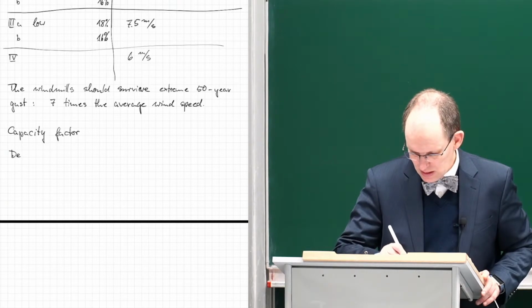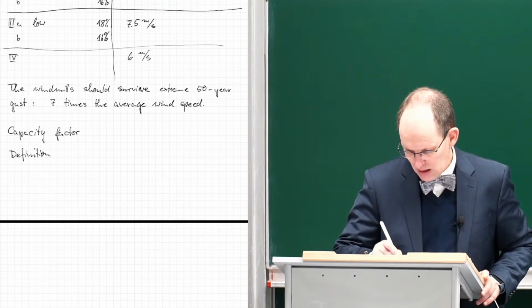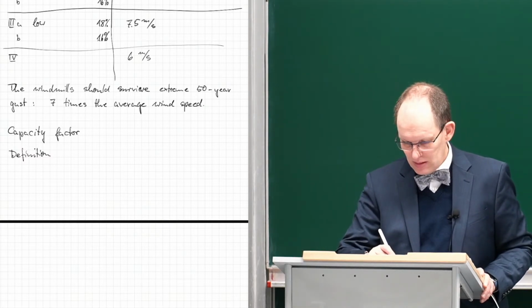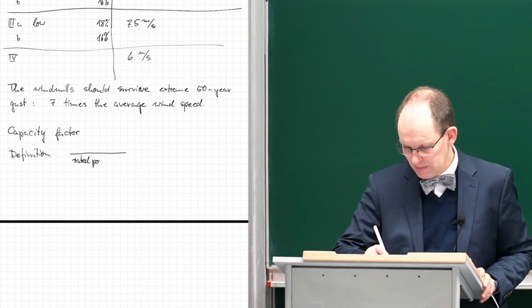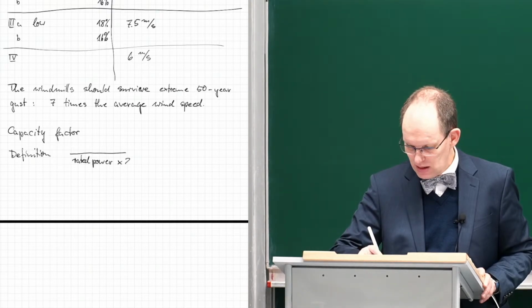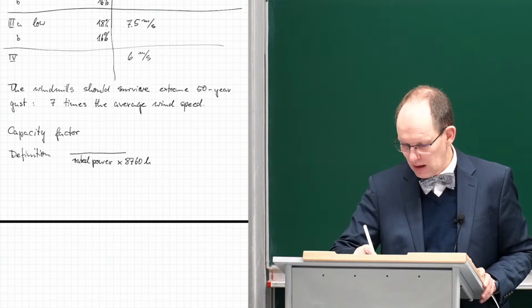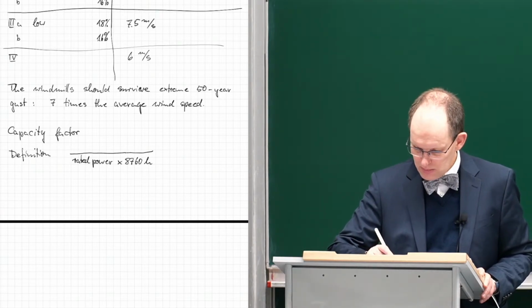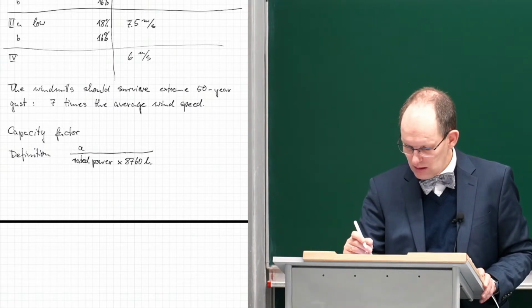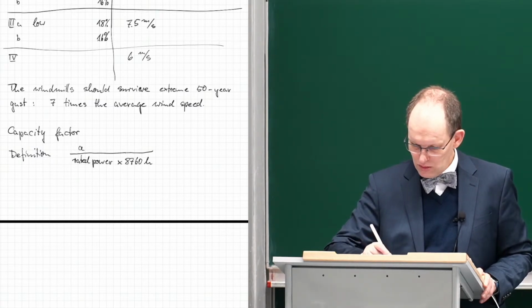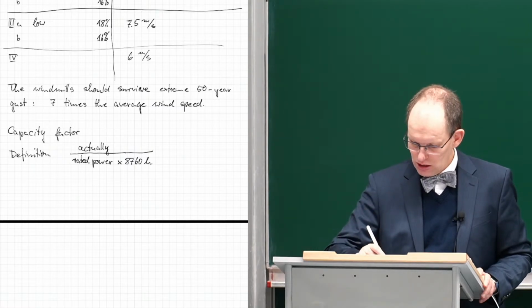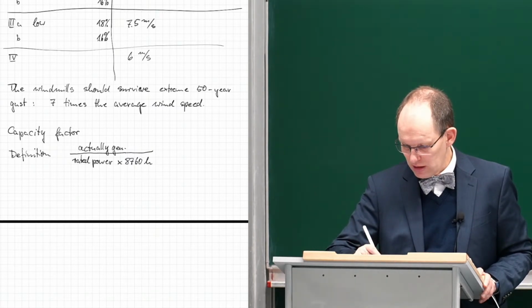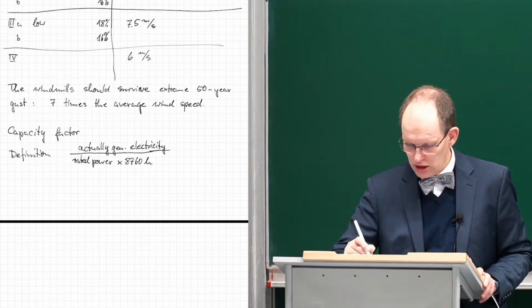So the definition is the ratio of the rated power times 8,760 hours, and in the numerator we have the actually generated power or generated electricity, not power, electricity. So electric energy. Yeah.